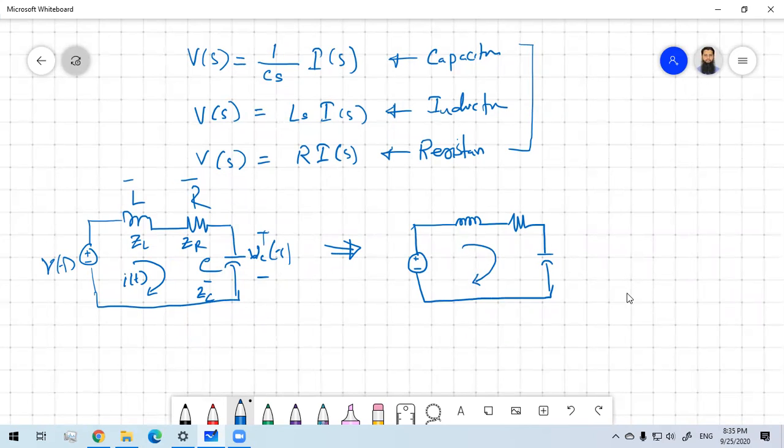So current will be IS, voltage will be VS, voltage across this one will be VCS. What is impedance? Impedance is basically LS, and this is simply R, and this is 1 by CS.